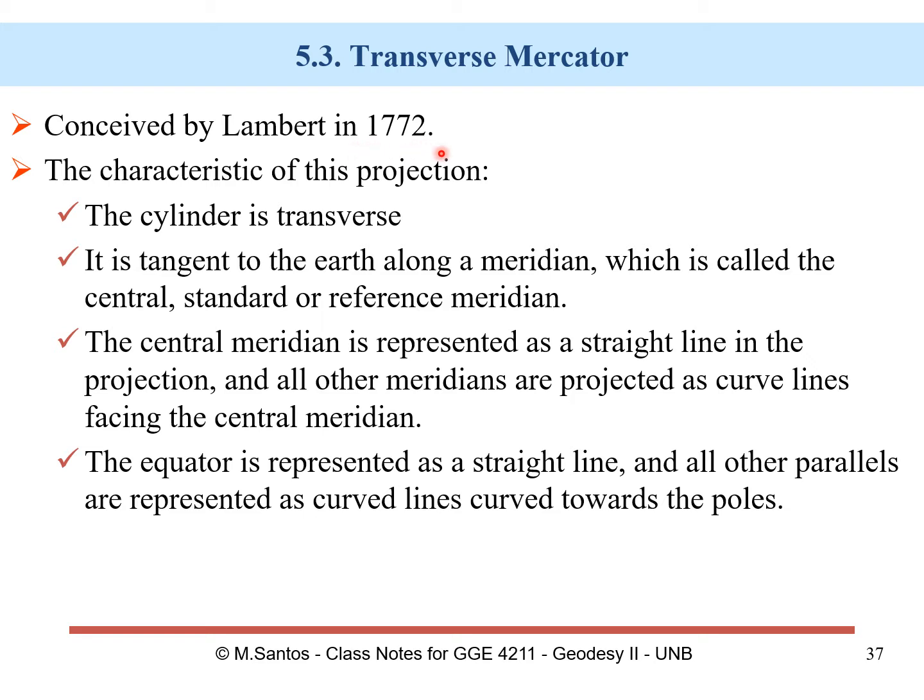It is an analytical map projection, even though Mercator, when he developed his system, he referred to a new arrangement of parallels and meridians. Lambert made a full development of a system that is called the Transverse Mercator.